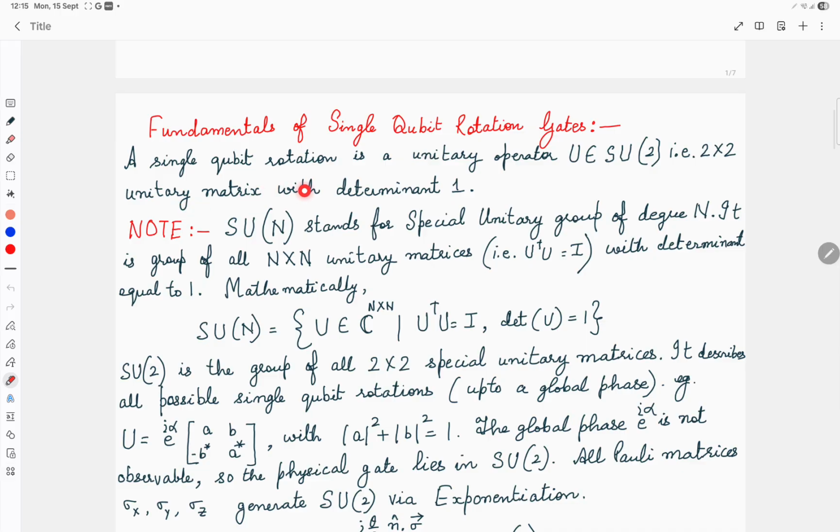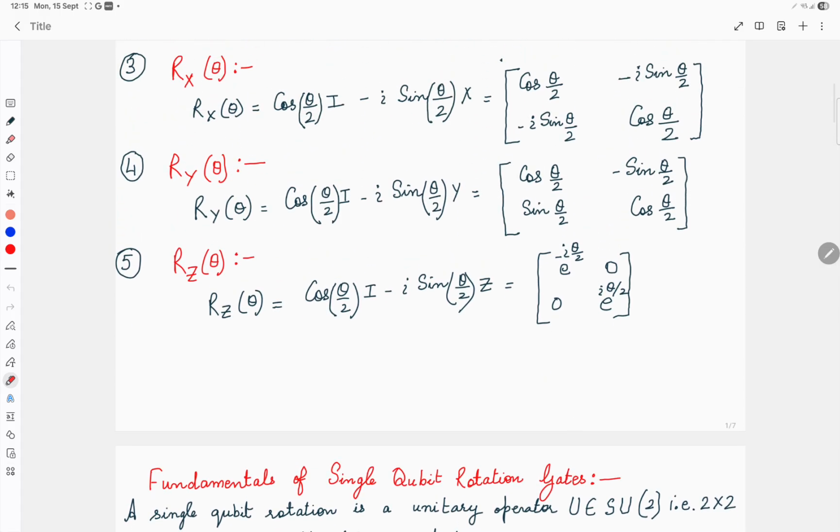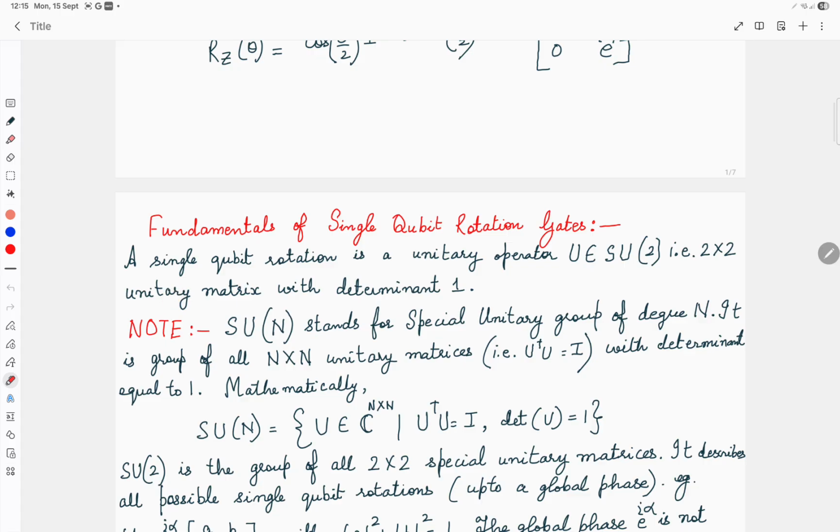Now, a single qubit rotation is a unitary operator. For example, I have talked about Rx theta, Ry theta, Rz theta. So this will be a single qubit rotation. So it is a unitary operator, and the unitary operator is U.